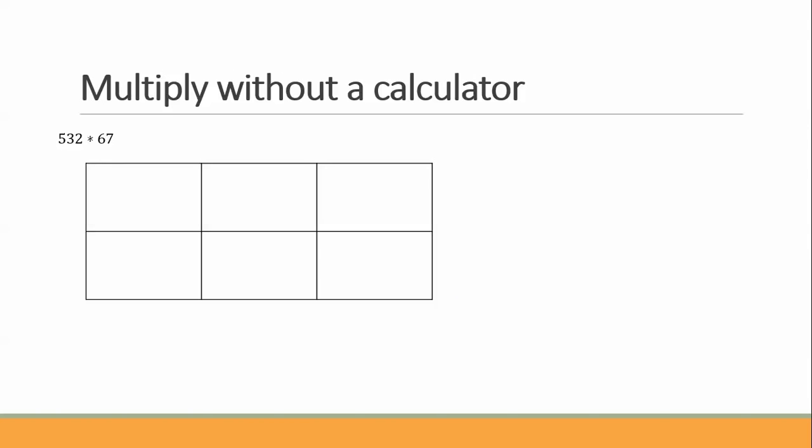Let's try multiplying without calculators now. Multiplication can be done in a couple different ways. The first way is the way that a lot of students have learned how to do it. We have 532 times 67.